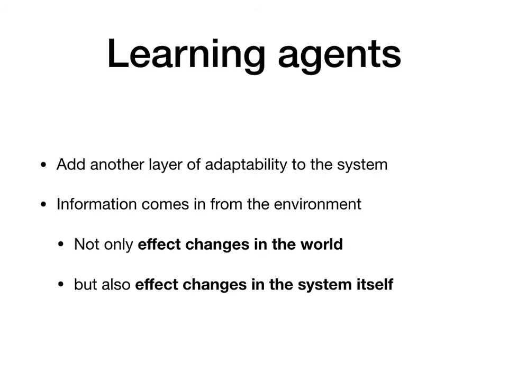So learning agents add this extra layer of adaptability to the system. It makes it so that any agent that has a learning capability can adapt to changes in the world, not just automatically dispense things that it already has been trained for, or built for. So information comes in from the environment, and it affects how we change the world, and it also affects how the system changes itself.